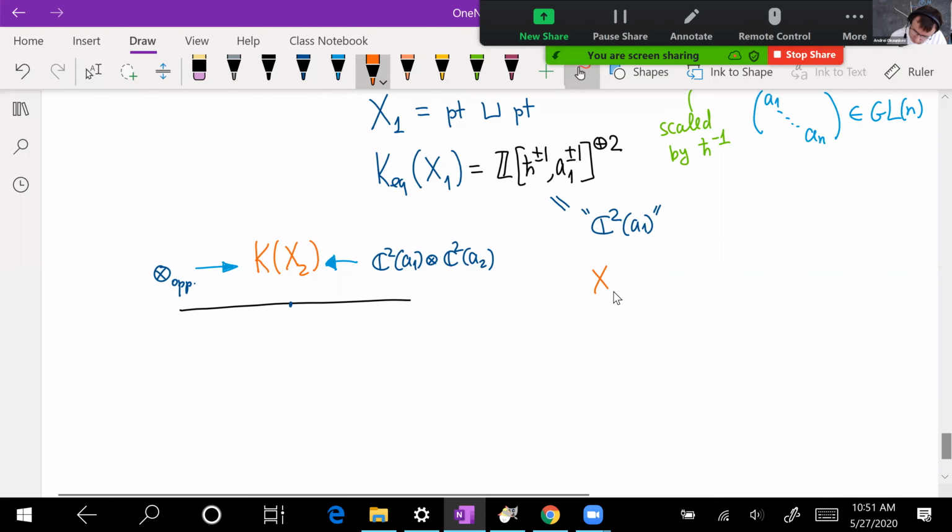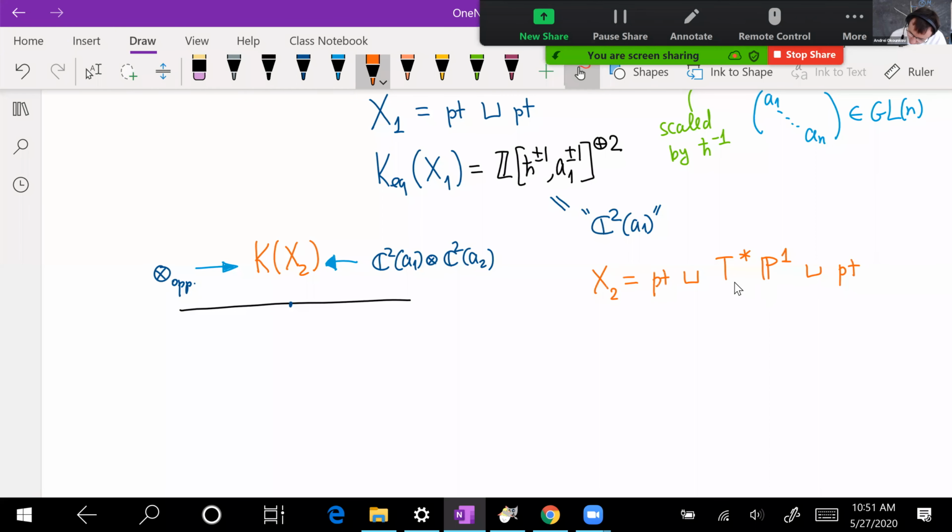X_2 is, well, there's the cotangent bundle of the Grassmannian of zero-dimensional subspaces, so it's a point. Then there is the cotangent bundle T*P^1, the Grassmannian of one-dimensional subspaces in a two-dimensional space, and then there's a point.